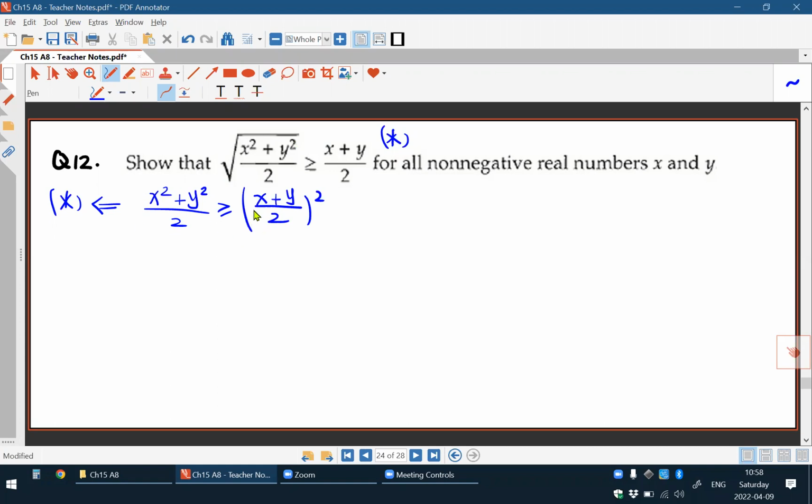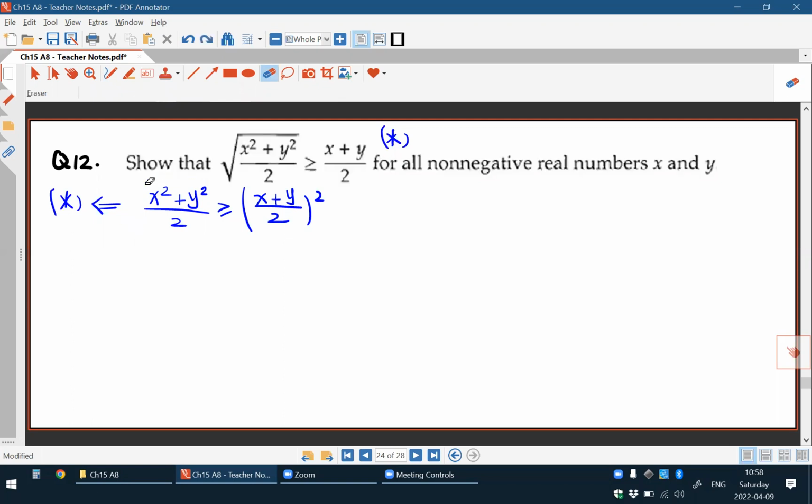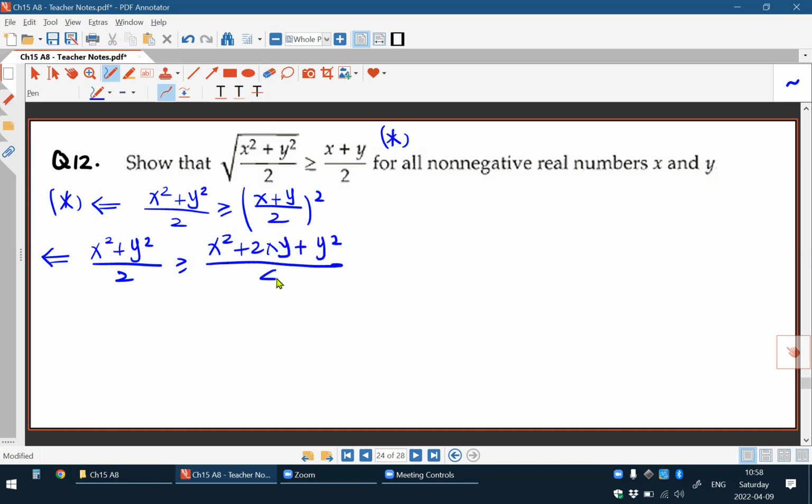If we can prove this, if the left side is greater than the right side, then we can find the square root, right? Square root of the left side should also be greater than the square root of the right side. Okay, and in order to prove this one is always true, we need to prove that x squared plus y squared over 2 greater than or equal to x squared plus 2xy plus y squared over 4, right?